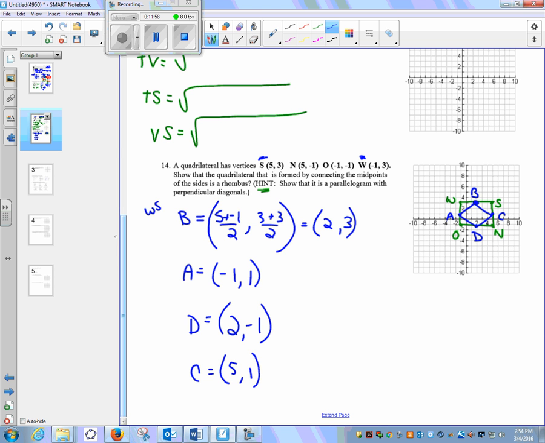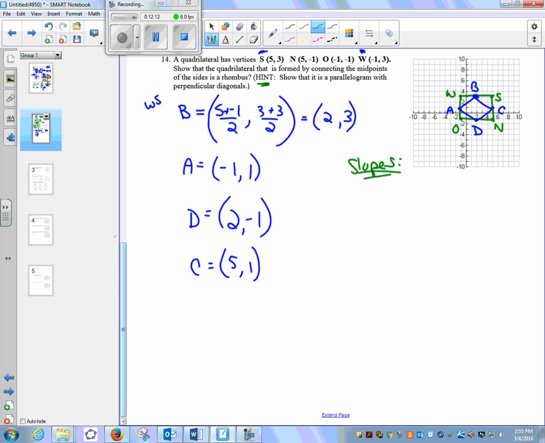I always feel like the best way to prove something is a quadrilateral of a specific type is to always start with all four slopes. It's not always the fastest way, but it's a way that will work every single time. So I'm going to find the slope of AB, BC, CD, and AD. This is right away going to tell me if this is a parallelogram.